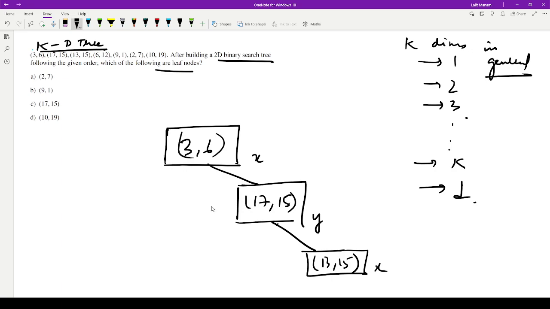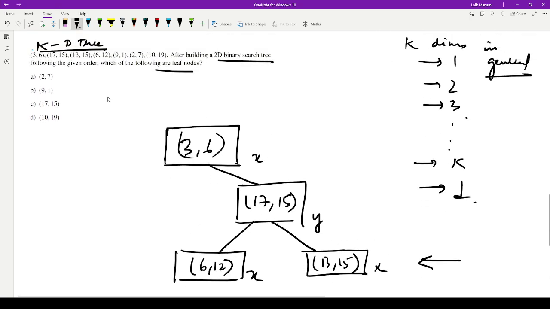Next is 6 comma 12. 6 means again it will come to the right side, and 12 is less than 15, so from here it will go to the left side. Here again for this whole level the comparison will be x.